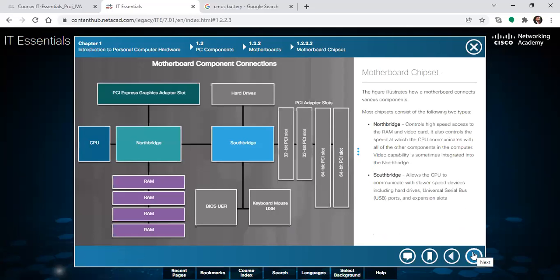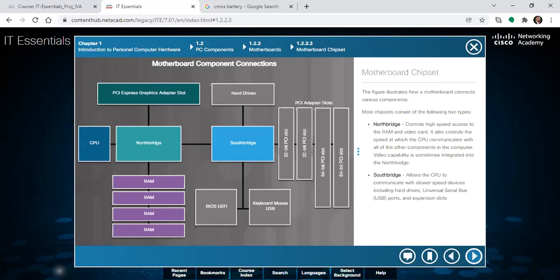All right, let's proceed. Now, please, I need us to listen very carefully to this part. Motherboard component connections, how the connections of the motherboard work. We have the PCI Express graphics slot.